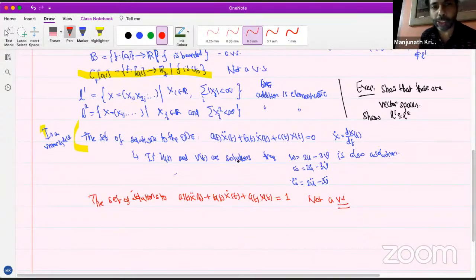Because if u and v are solutions and I add u and v, then the right side will become 2. So this is not going to be a vector space. It's not a vector space. So this is not an example.